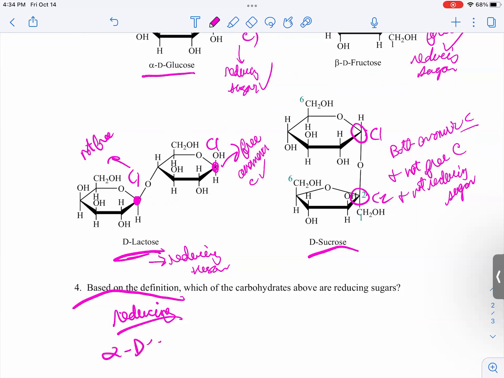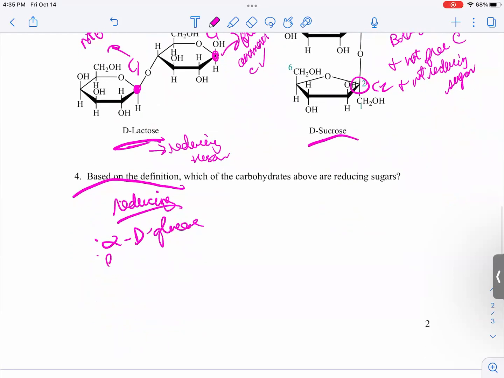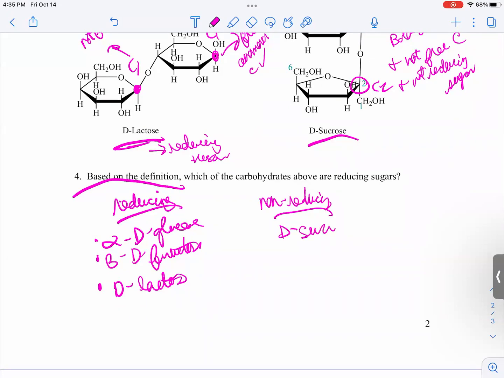So alpha D-glucose and beta D-fructose and even D-lactose. But non-reducing, that would be D-sucrose.